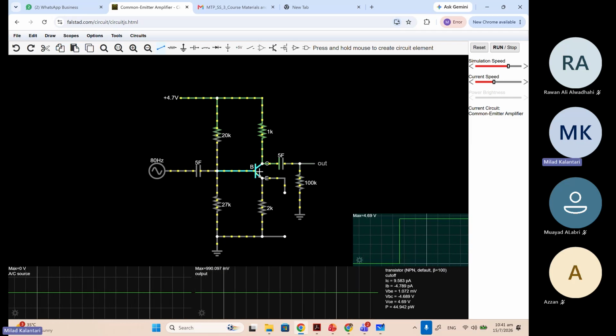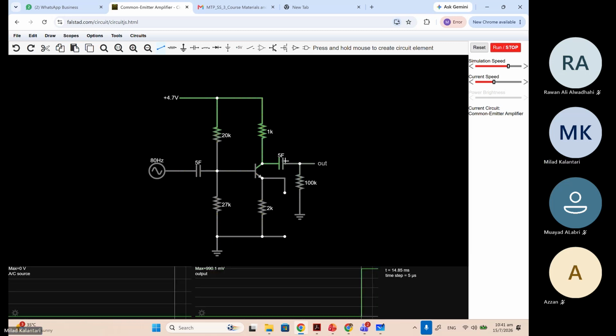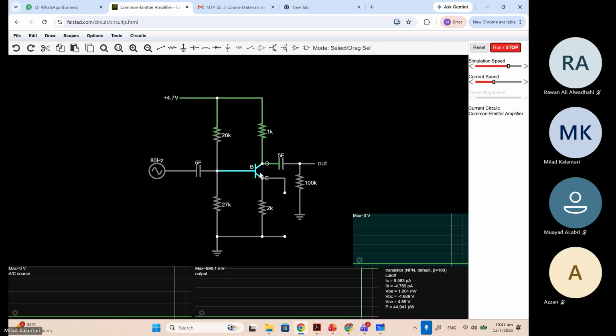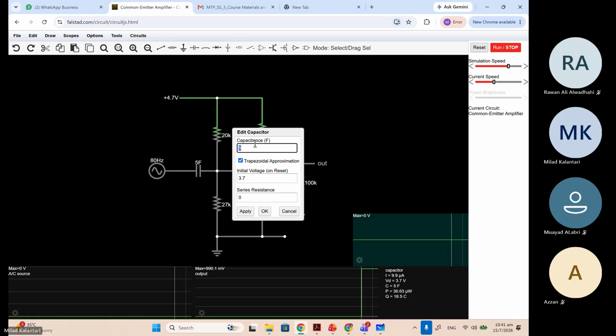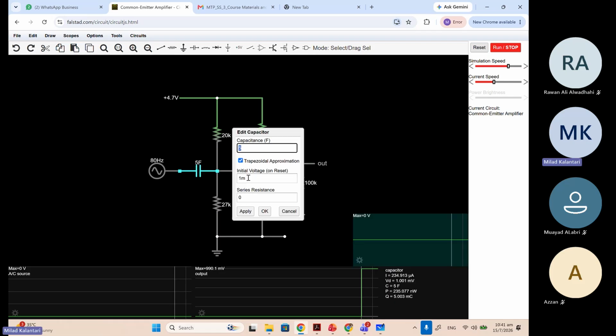Maybe refresh the page, or maybe this value is too large. It needed to be a little bit larger, 2.7.